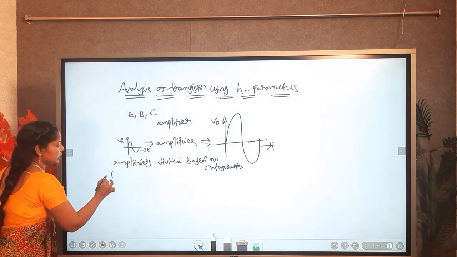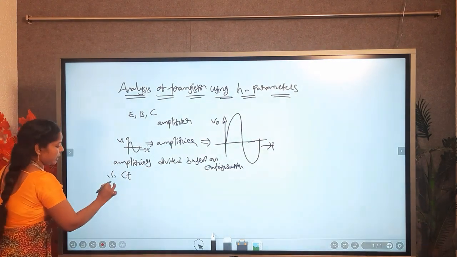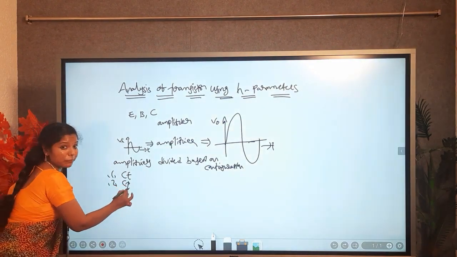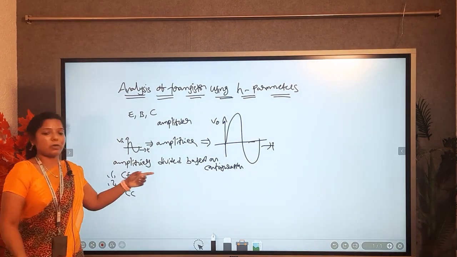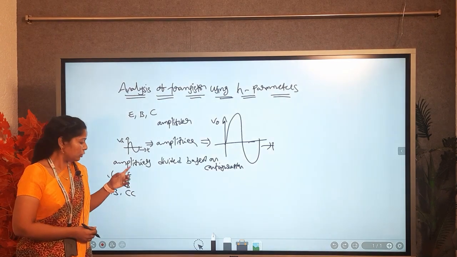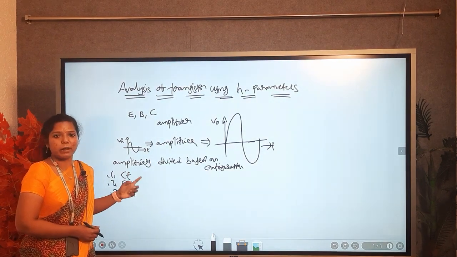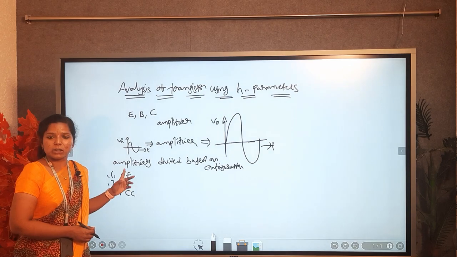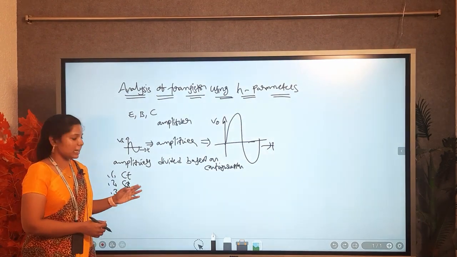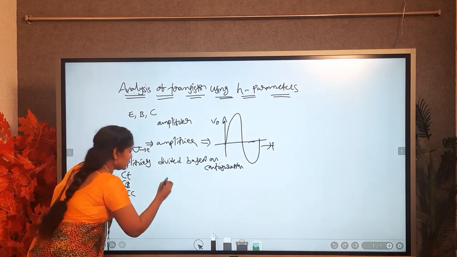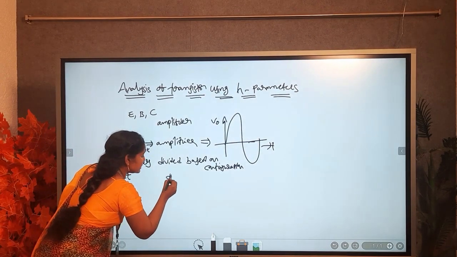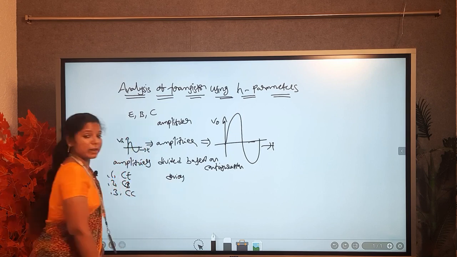CE amplifier, CB amplifier and CC amplifier. So based on the configuration, the amplifier can be classified into three types: CE, that is the common emitter configuration, CB, that is the common base configuration, and CC, that is the common collector configuration.